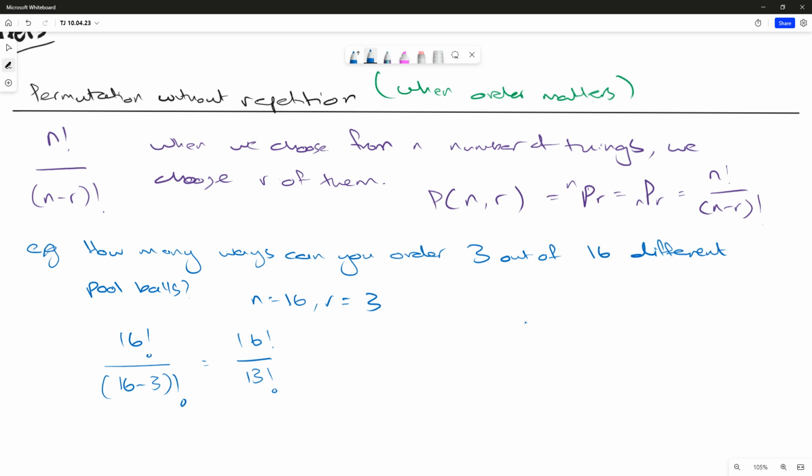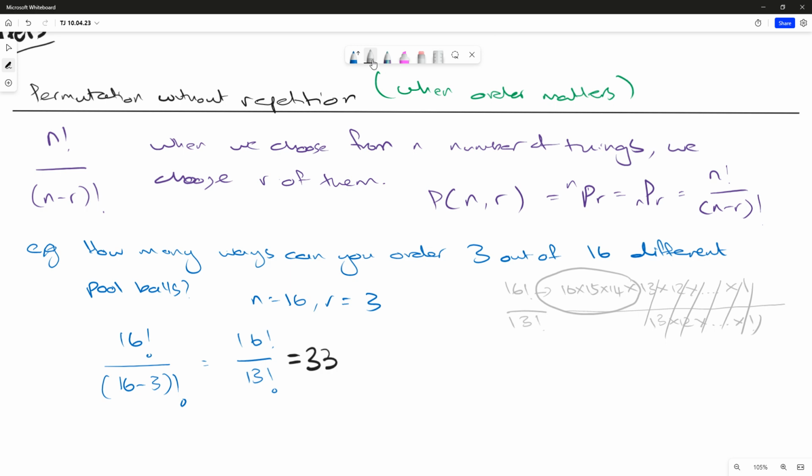If we calculate this, 16 factorial is 16 times 15 times 14 times 13 times 12, and it continues all the way until 1. And then 13 factorial is 13 times 12, and so on. So what ends up happening is that these cancel out, and it's basically 16 times 15 times 14.